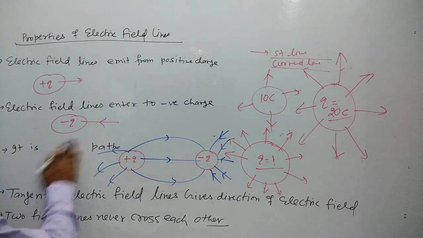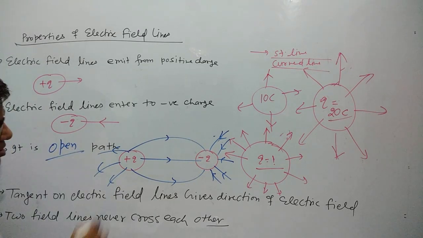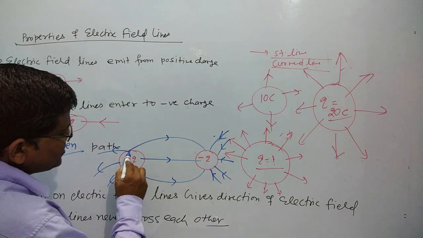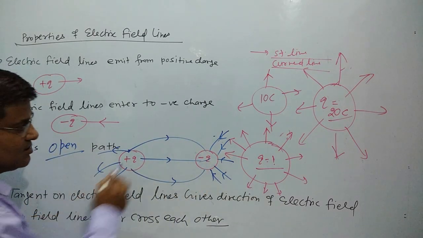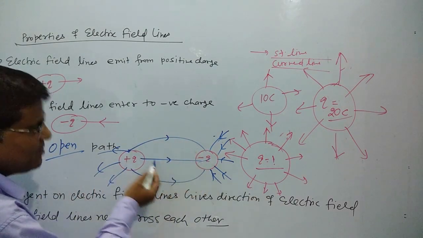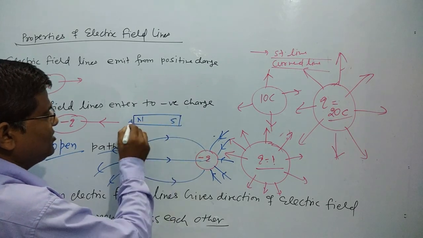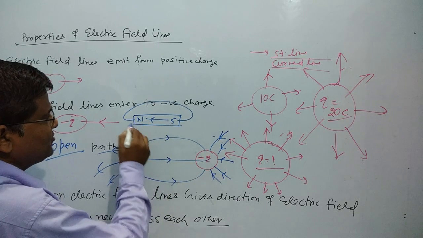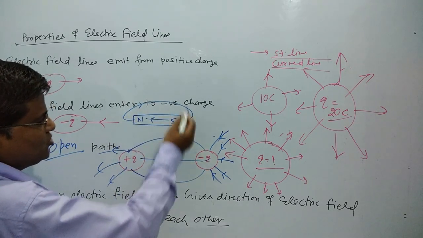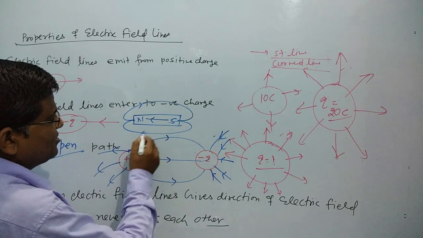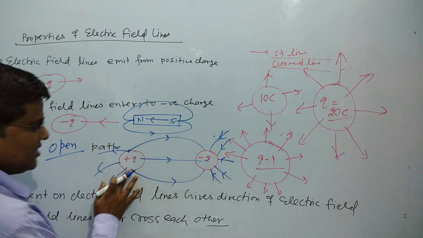This is an open path, because just think about this. From this line, opposite direction, this is open, and a magnet: one is the north pole, the other is the south pole. It becomes a closed loop. Here is also just like a closed loop. It forms a closed loop. And here it breaks.